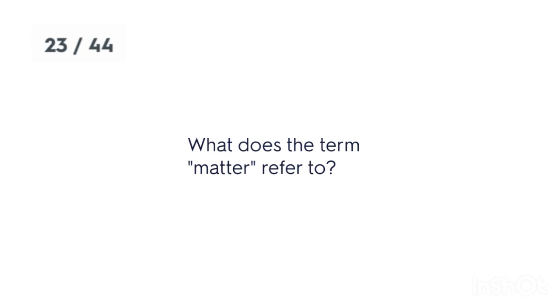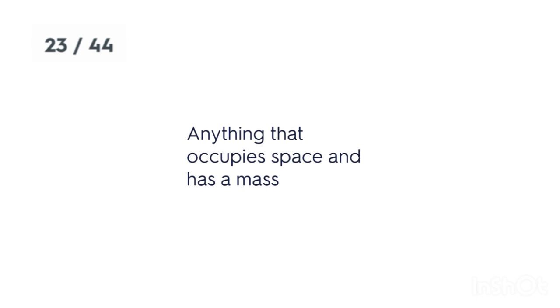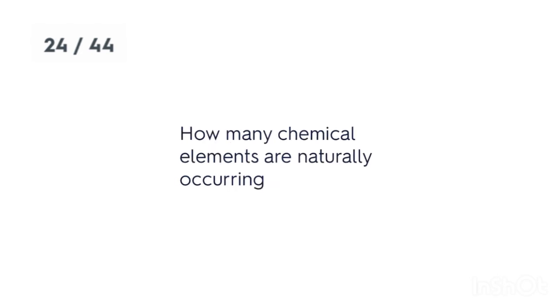What does the term matter refer to? Anything that occupies space and has a mass. How many chemical elements are naturally occurring? 92.